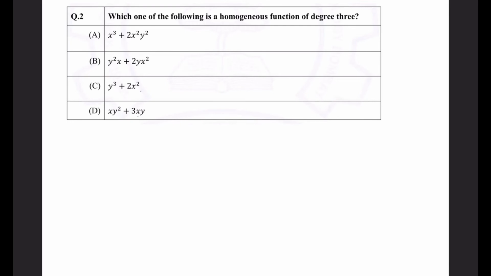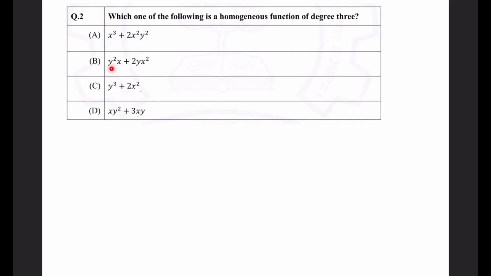Next question: which one of the following is a homogeneous function? Homogeneous function means the degree of each term should be equal. Come to option A. The first term is x cube, so its degree is 3, and the degree of the next term is 4. Both terms do not have the same degree, so it's not homogeneous.